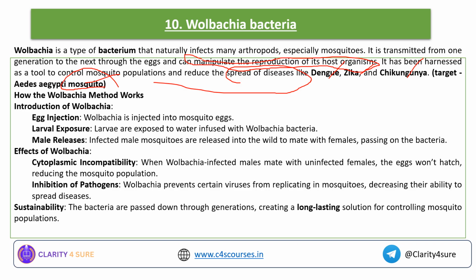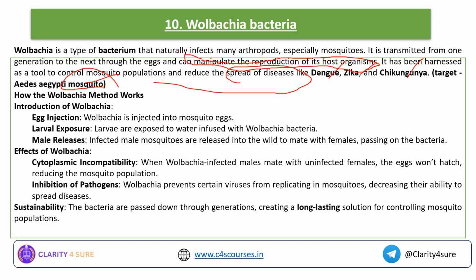So two important points related to this Wolbachia bacteria are that the eggs will not hatch, which will lead to a reduction in reproduction, and the second is that it will prevent certain viruses from replicating in the mosquitoes, thus reducing the spread of disease. These are the two important points you have to note down.